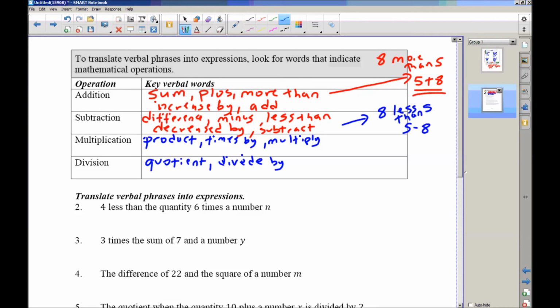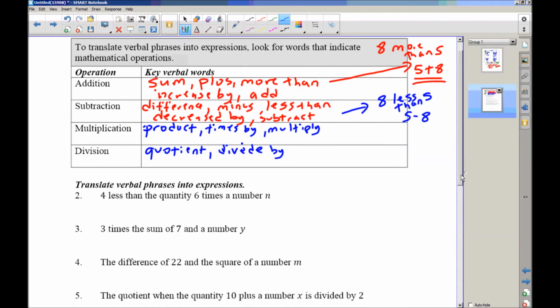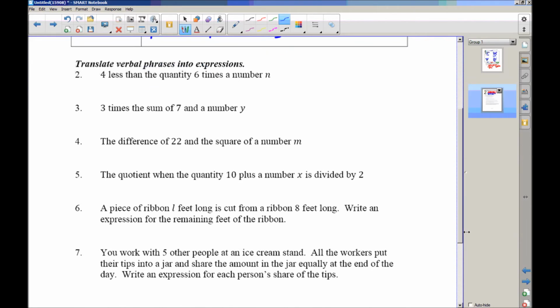Okay, all right. So we're going to translate some expressions. 4 less than the quantity of 6 times a number n. So 4 less than. Less than is going to translate into subtraction, and it's going to flip the order of this 4 and whatever is back here.